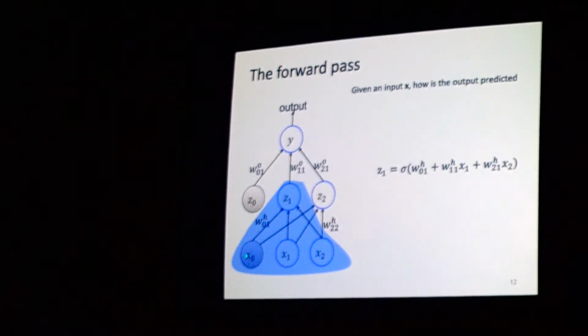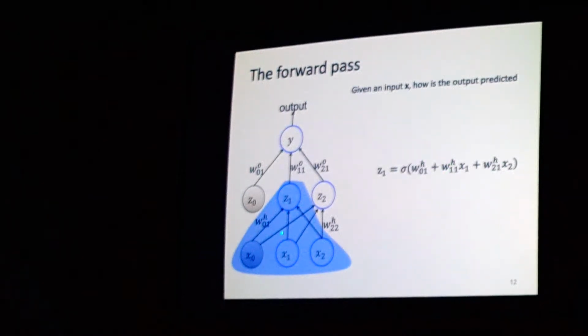Of course, X0 is the bias feature, it's simply 1, so you get W01H. Then plus X1 multiplying the weight on the edge connecting X1 and Z1. This weight is denoted by W11H: starting node 1, ending node 1, and target layer H.